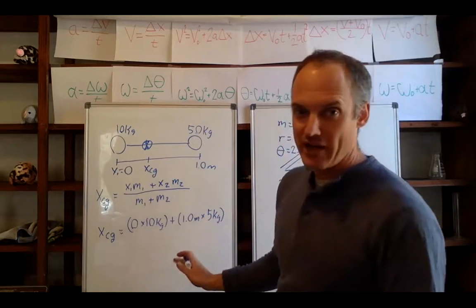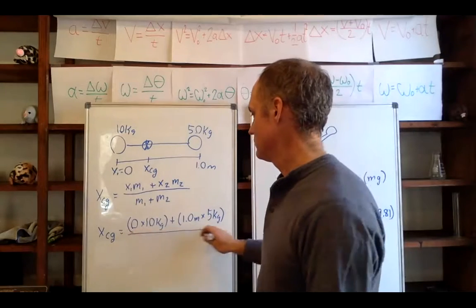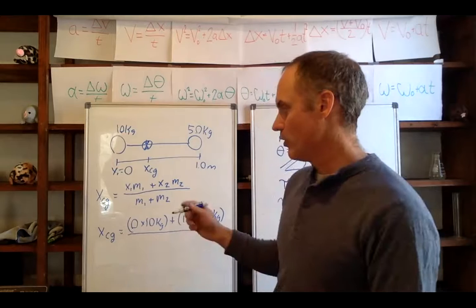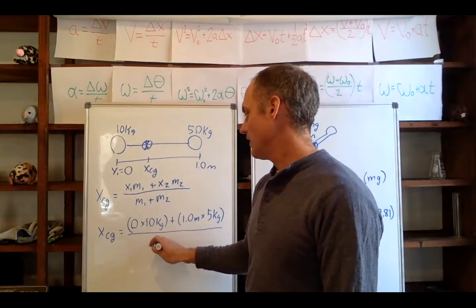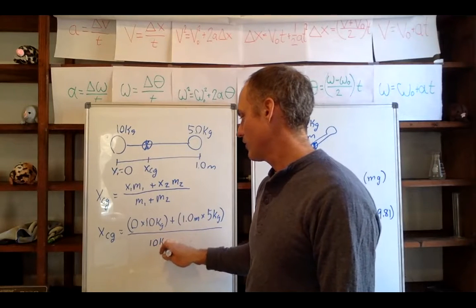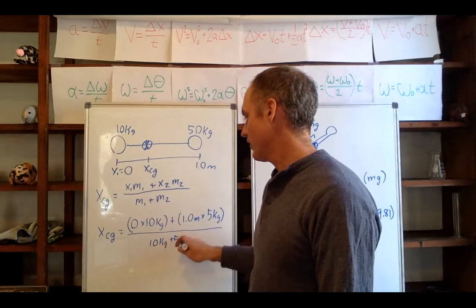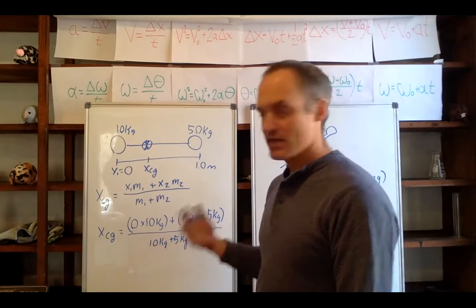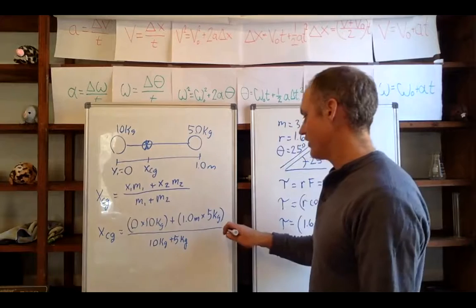So that's going to be 5. So 0 plus 5, the numerator is going to be 5. And then on the bottom, we have 10 kilograms plus 5 kilograms. So that's 15. So it's 5 over 15.